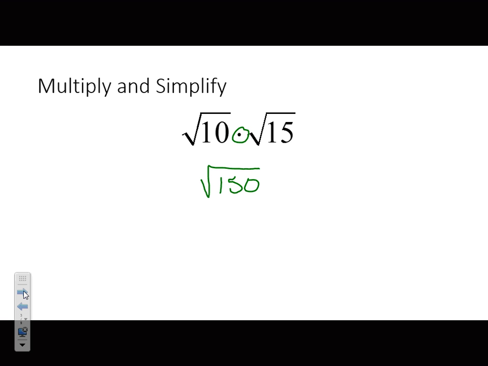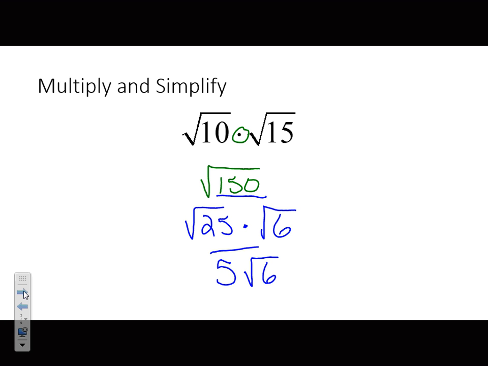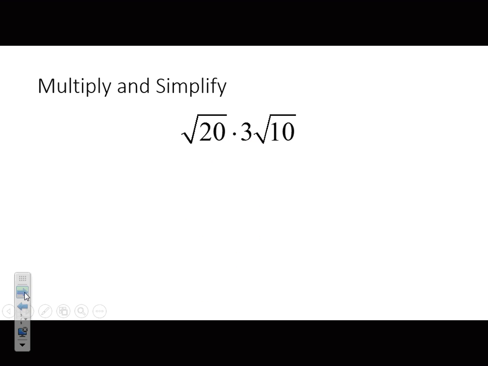Well, my largest perfect square that can go into 150 is 25, and 25 times 6. If I take 25 times 6, I get 150, so I'm good there. 25 is my perfect square. The square root of 25 is 5, so I have 5 times the square root of 6 as my simplified answer after I've multiplied my two radicals together.